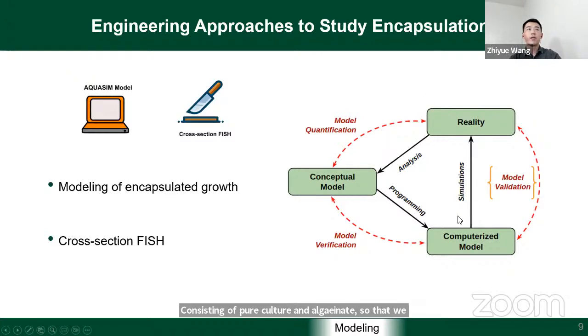So this is an iterative process that we're going through with model quantification, verification, and validation with experimental design. And also, I'm going to show some of our recent progress on developing a new method for validating the model results, the cross-section and FISH method.